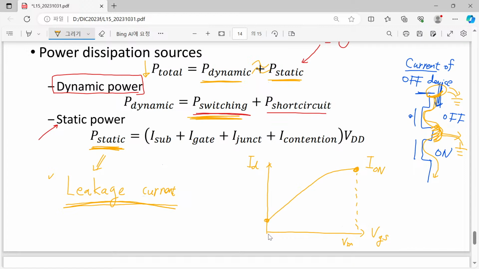When we apply zero gate voltage but the drain voltage is still VDD, this one is called I-off.